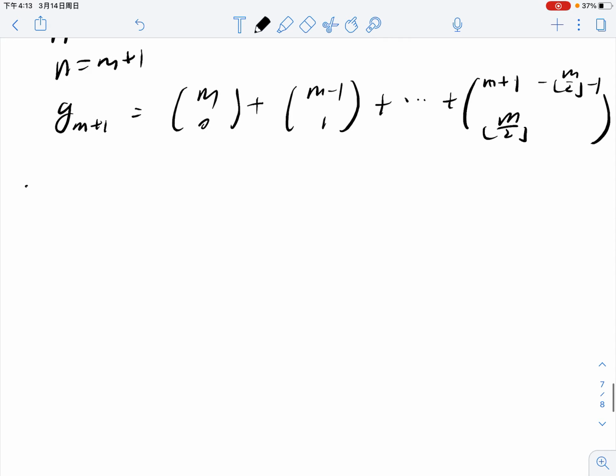Okay, now you use the Pascal identity for each one. So for the first one, you have m minus 1 choose 0, plus m minus 1 choose negative 1, so it's 0.